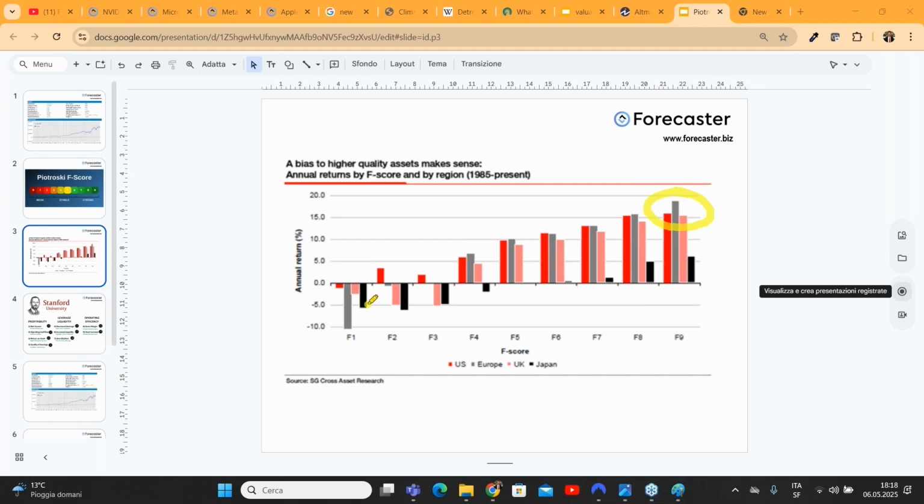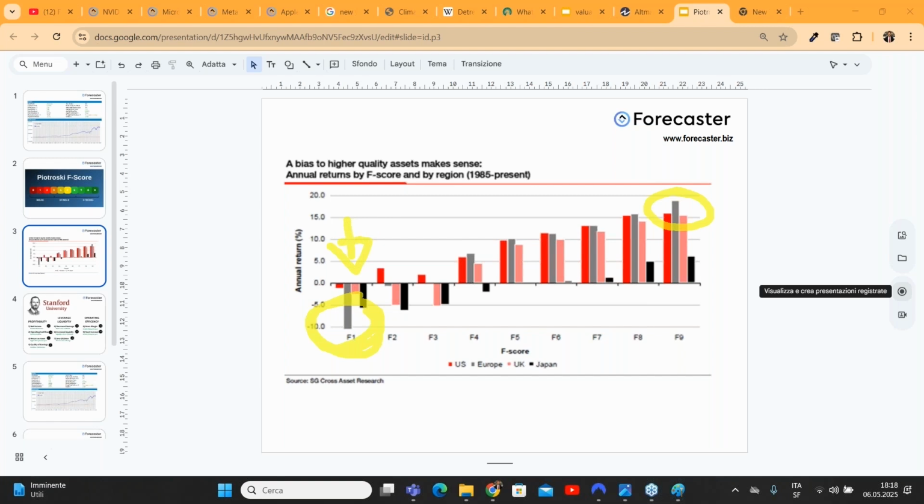And the same happens on the opposite side. If you buy only companies with a Piotroski score of 1, which means it's not performing well, fundamentally speaking, a group of shares made of only very low Piotroski scores will underperform the market.